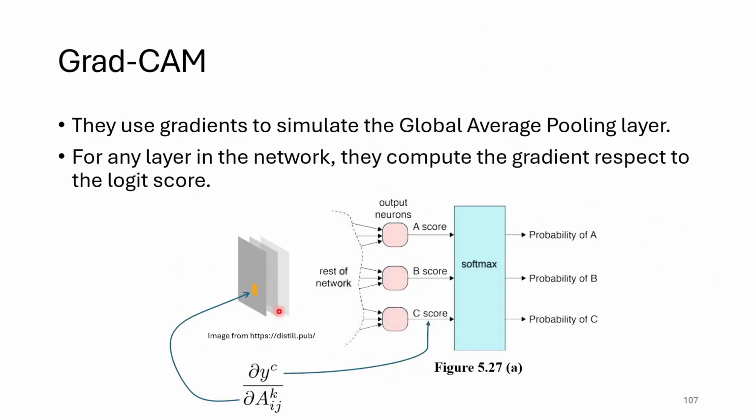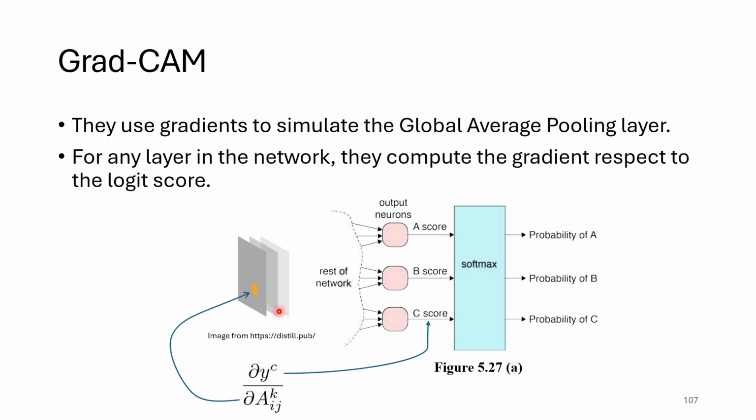Now, let's talk about Grad-CAM. If they want to use CAM in 2016, they must have a global average pooling layer, but they will sacrifice performance. So in 2017, Grad-CAM was proposed.